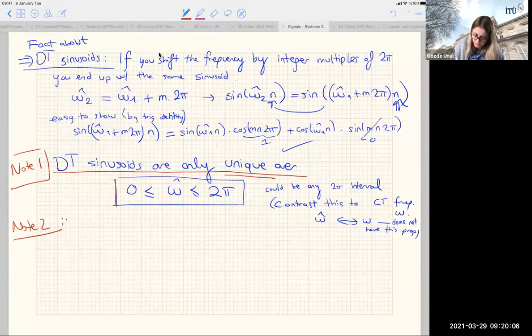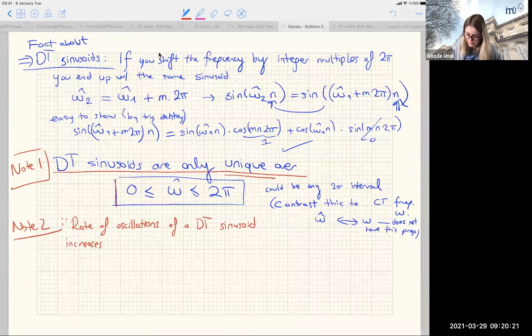So we should say rate of oscillations of a discrete time sinusoid increases from, let's say, omega 0 hat at 0 to pi, and then decreases as omega 0 hat goes from pi to 2 pi.